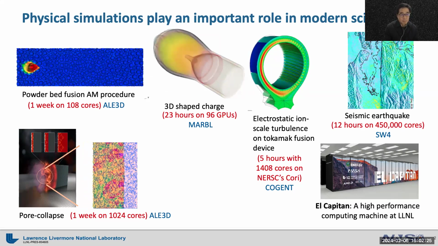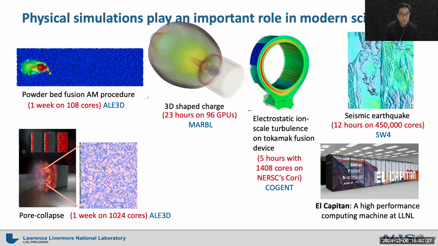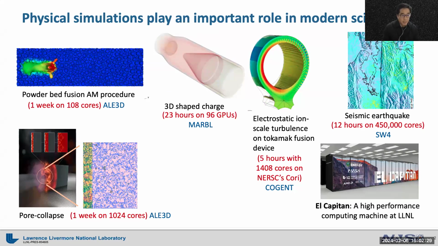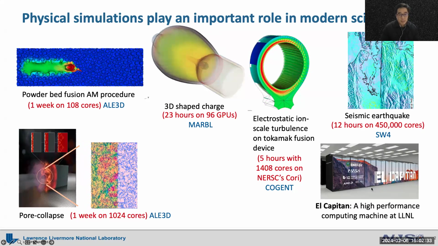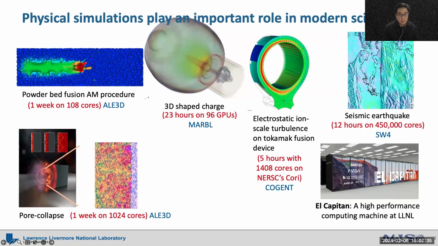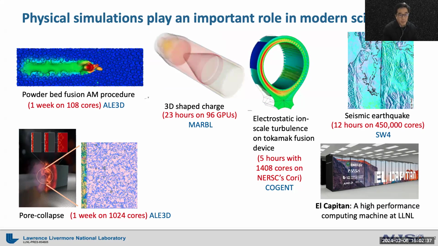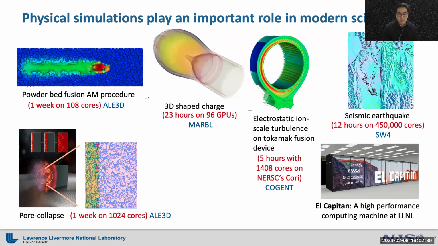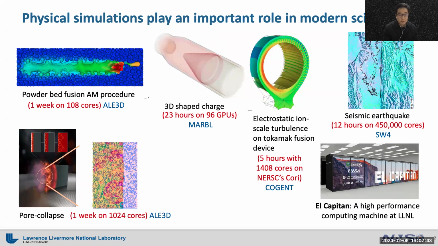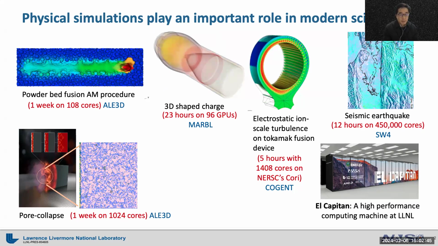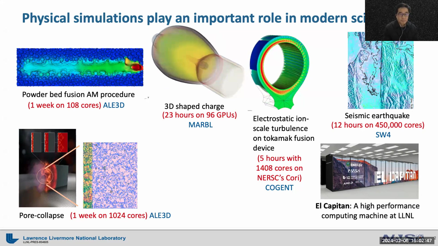They can be accelerated using high performance computing. El Capitan here, I'm pointing at right here, is the first exascale high performance computing system we will have. It's not available to the users yet, but it will be available next year in FY25, I believe.